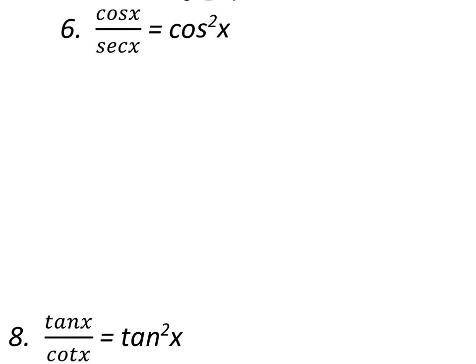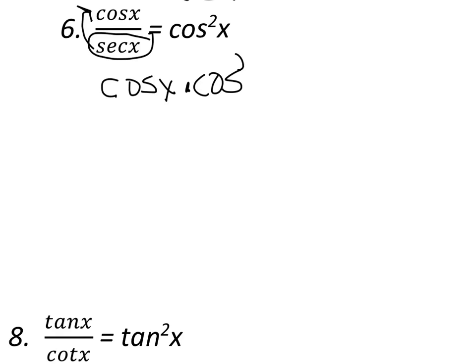Alrighty, 6. I'm going to use my little shortcut of taking what's in the denominator and writing it up in the numerator. So I know that secant in the denominator is a cosine in the numerator. So there's a cosine. I already had a cosine.